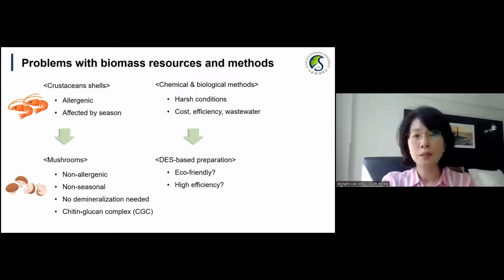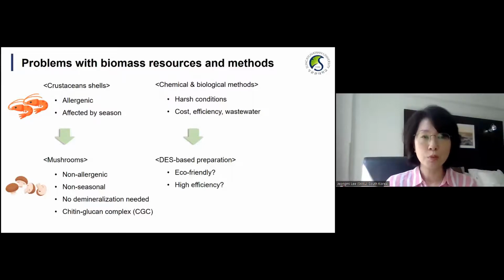I can say there are two aspects that we need to pay attention to. The first one is regarding the type of resources. As I briefly introduced, crustacean shells are the most common natural resources for chitin preparation because they are just a waste product and people don't eat these shells.